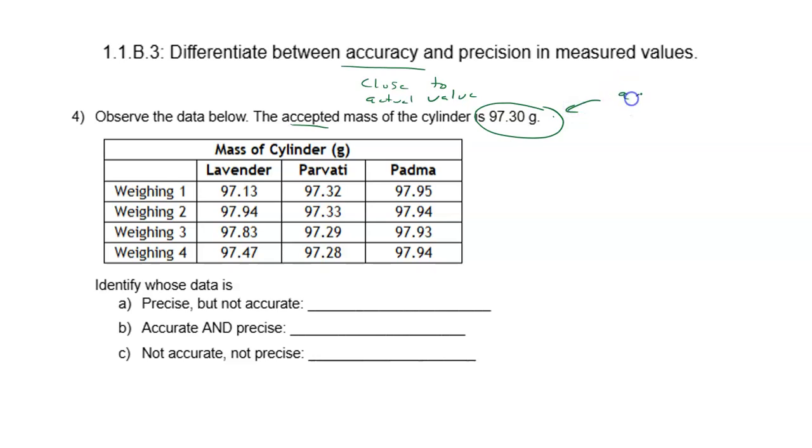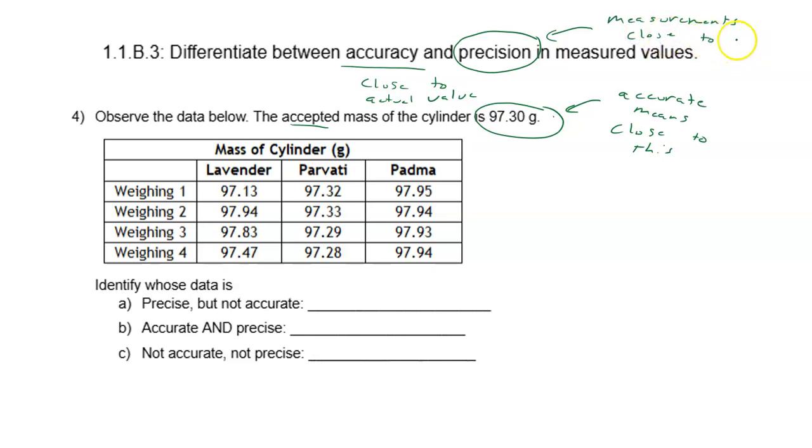So accurate means close to this. Now, precision, as you will recall, means measurements close to each other.